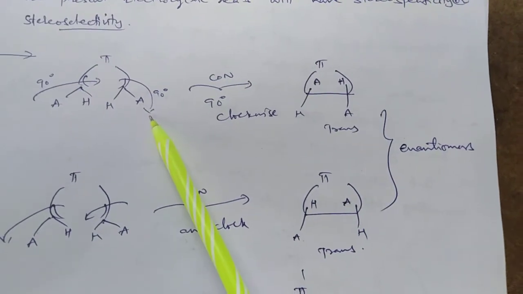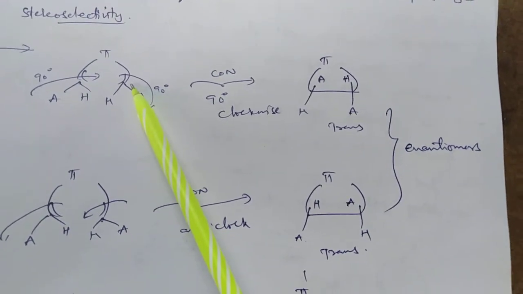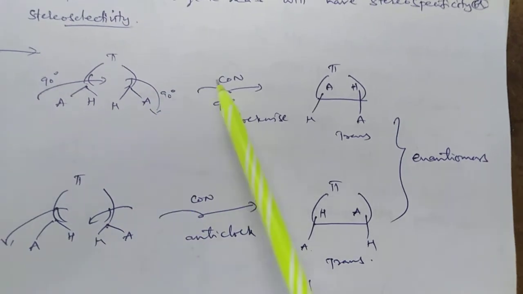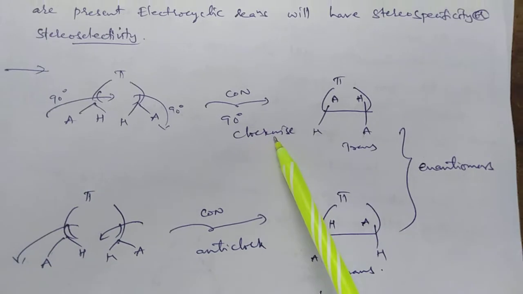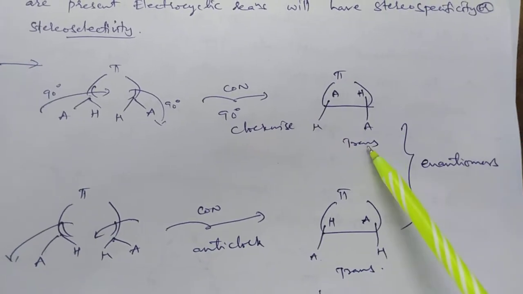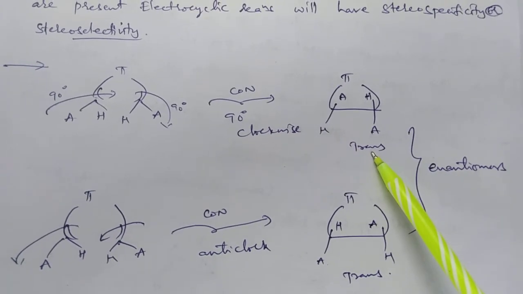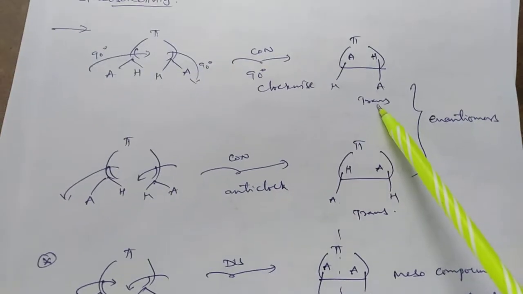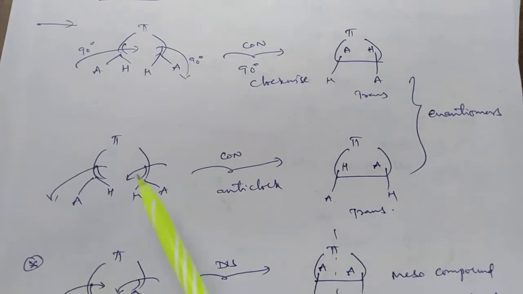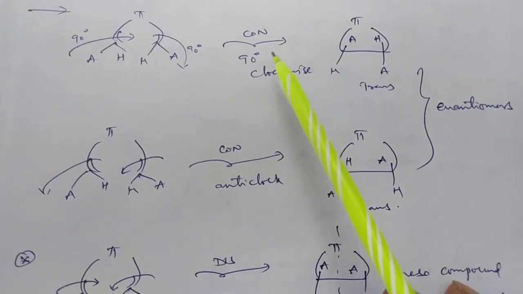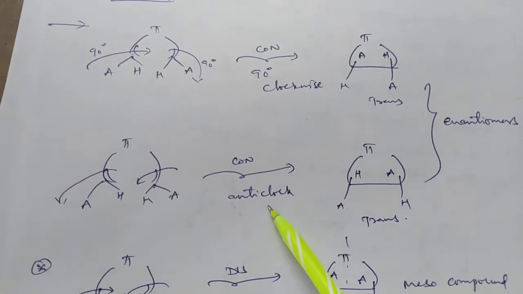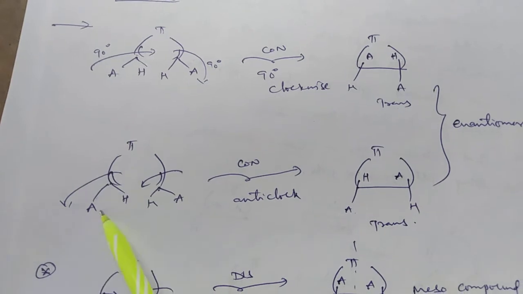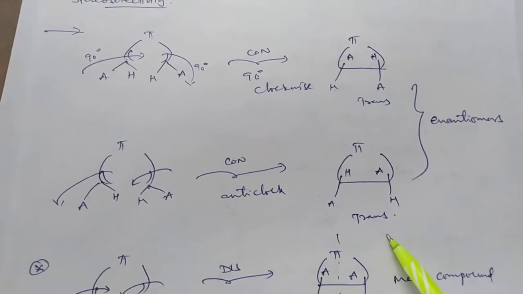H and A substituents are present on the termini of the carbons. If we do the con rotation by 90 degrees in clockwise direction, it gives trans isomer. And the same compound, by doing con rotation in anti-clockwise direction, gives trans isomer.